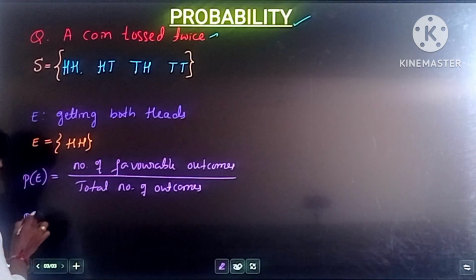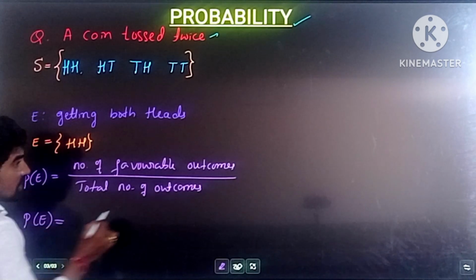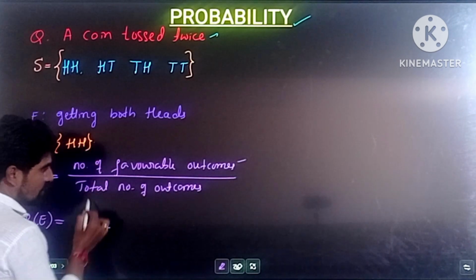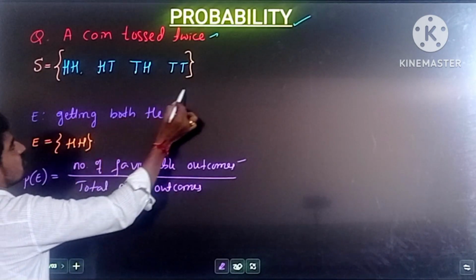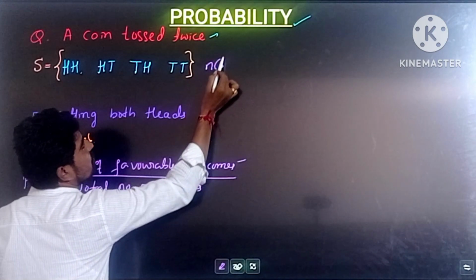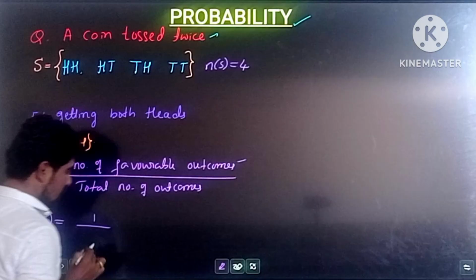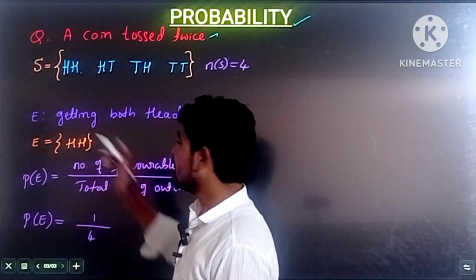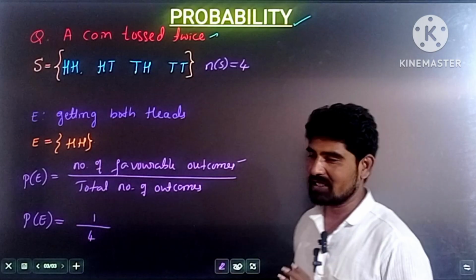So it means probability of the event E is equal to number of possible outcomes of the event E, which is 1, divided by total number of outcomes in the sample space, that is 4. Therefore 1 by 4 is the probability of getting event E when a coin is tossed twice.